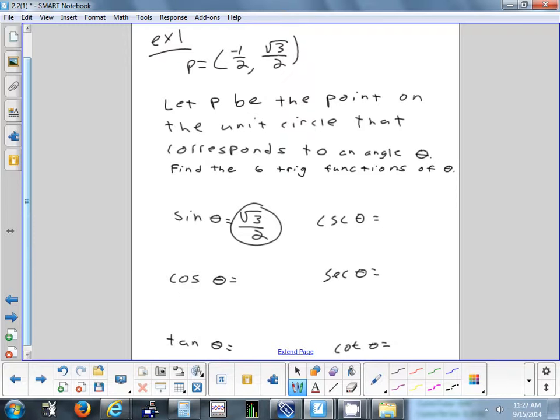Looking at your coordinate, where is the x always? On the left side. It's on the left side of the coordinates, the first thing. So what's my x here? Negative 1 over 2. Yep. Okay, so there's my cosine. These are the easiest ones because we don't have to do any arithmetic. Sine is just y, cosine just x.